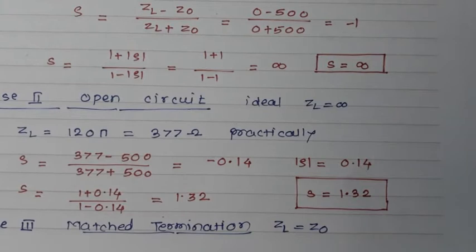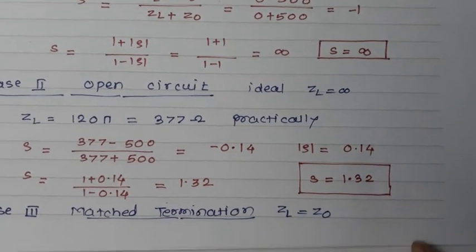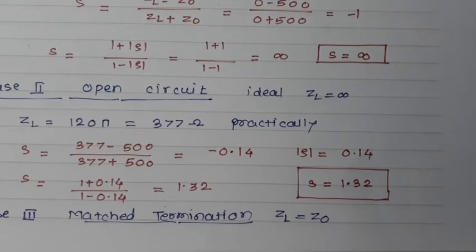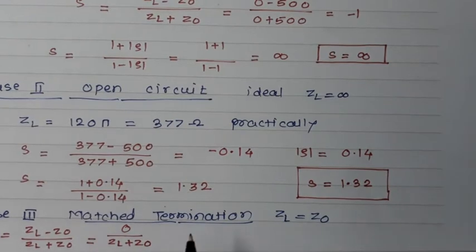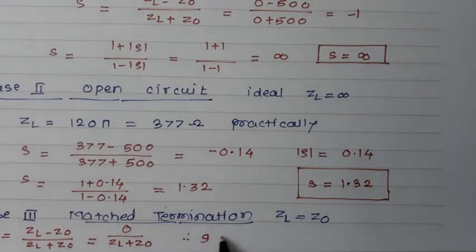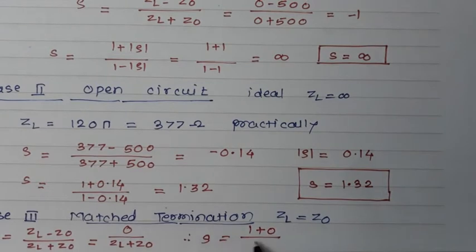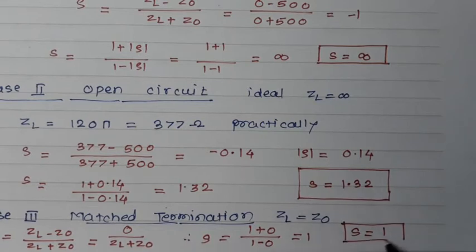Hence, calculating the reflection coefficient, rho is equal to ZL minus Z0 divided by ZL plus Z0, which is 0 divided by ZL plus Z0, because both are the same, and that's why this will be 0. And S is equal to 1 plus 0 divided by 1 minus 0, which is nothing but 1. So in the match termination, I'll get the VSWR as 1.